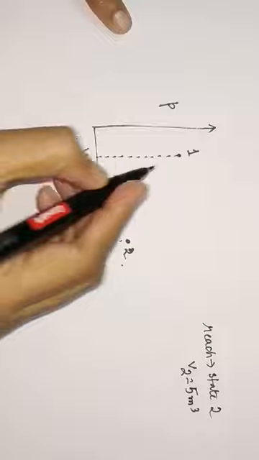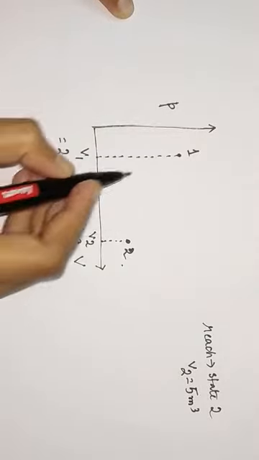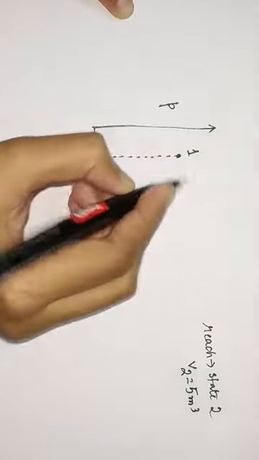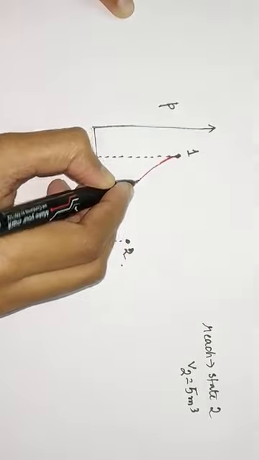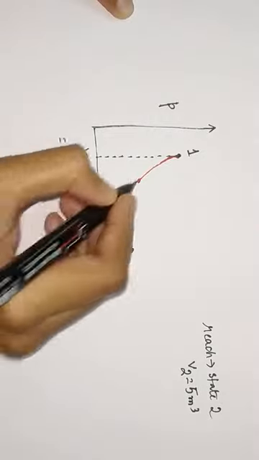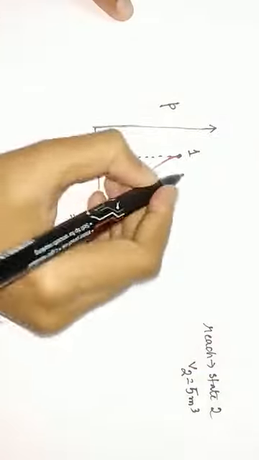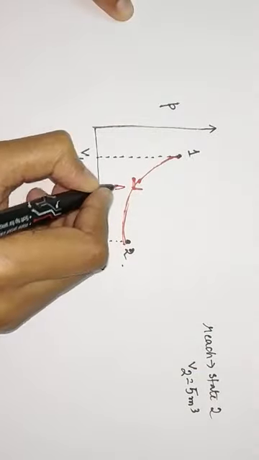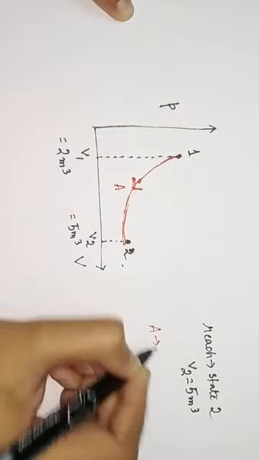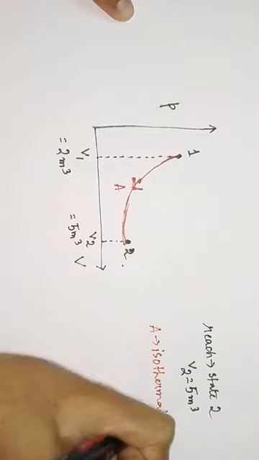In case of isothermal process, if we express it on the PV indicator diagram, it will look like this. So the first one, suppose this is process A. The process A is an isothermal process.